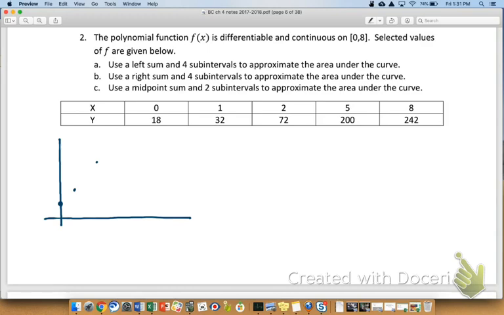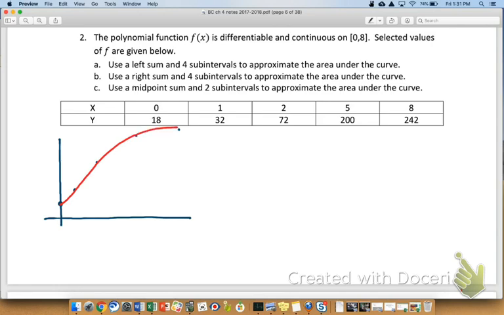I'm going to lose my scale here in a second. (5, 200) would be up there somewhere, and (8, 242) would be a little higher. Sort of okay? Close enough? Okay. So maybe if you wanted to, you could connect all those points with a nice smooth curve. You don't really have to do this, but you could.